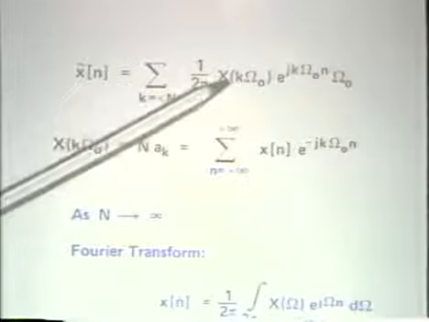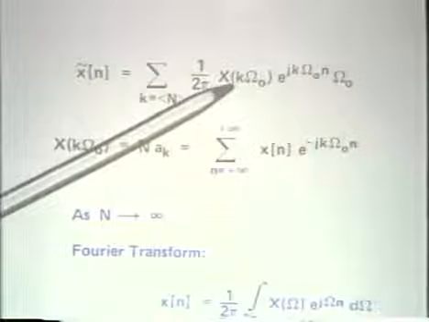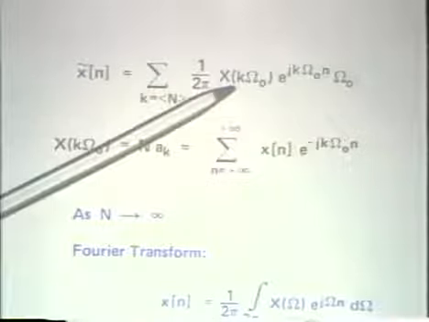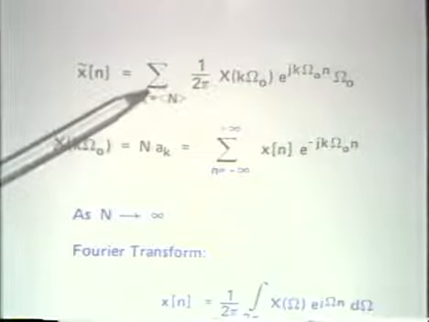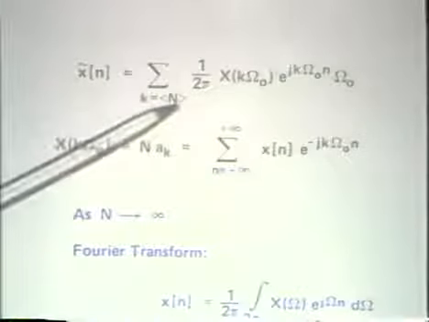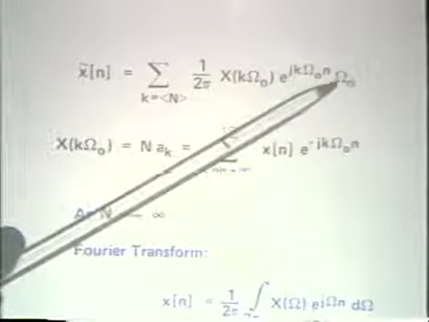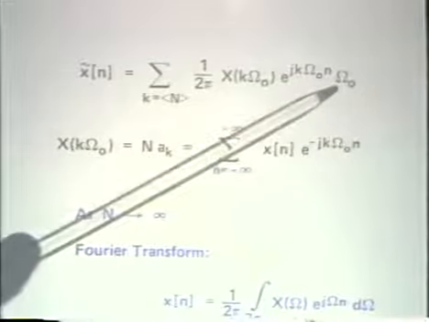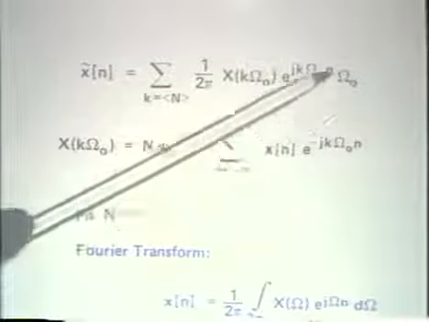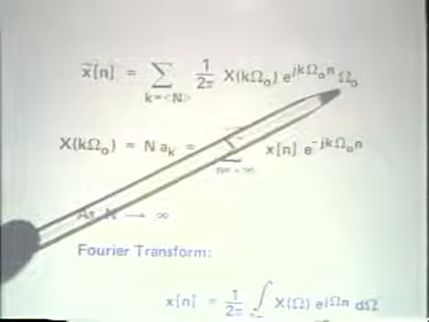And what happens is exactly identical mathematically to continuous time. I won't belabor the details. Essentially, it's this sum that goes to an integral. Omega 0, which is the fundamental frequency, is going towards 0, and in fact becomes the differential in the integral.